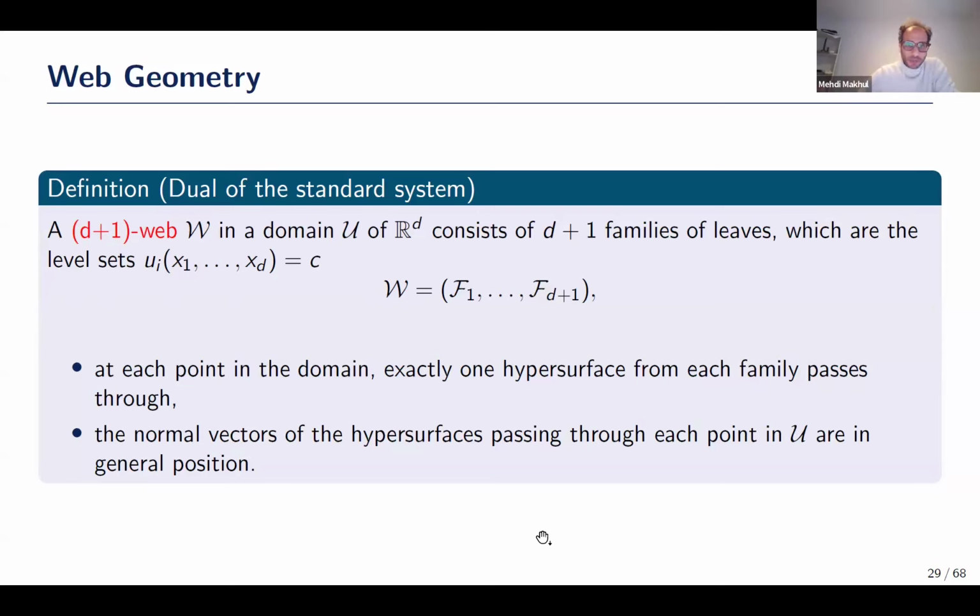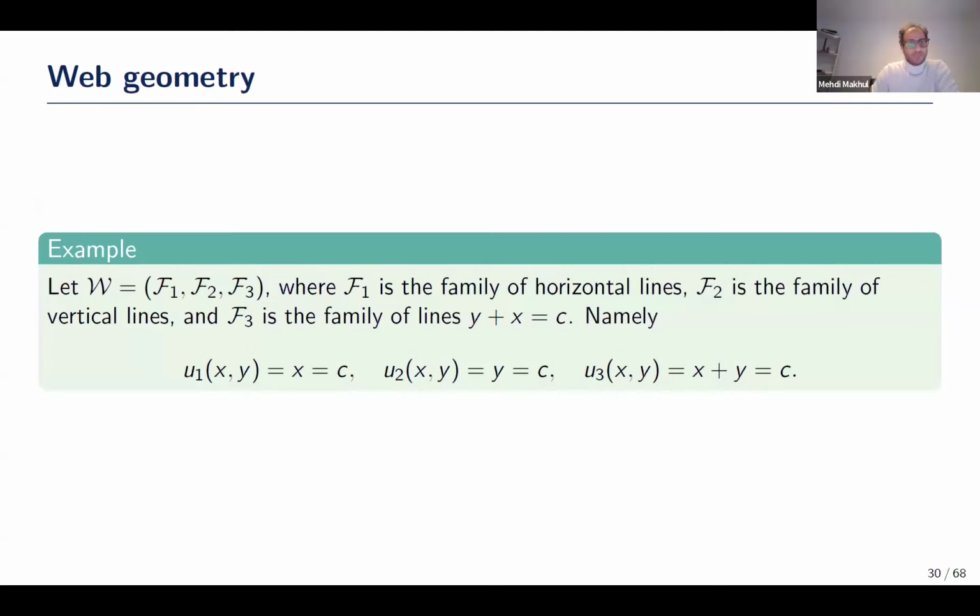In my talk, everything can be proved for hypersurfaces, but I'm focusing only on the case when these level sets are hyperplanes. So for example, in dimension 3, they are planes. In the planar case, they are lines. As an example, I can give a planar one.